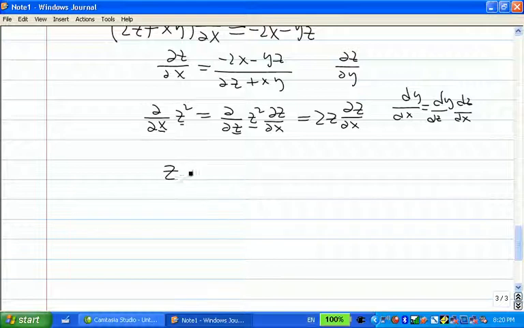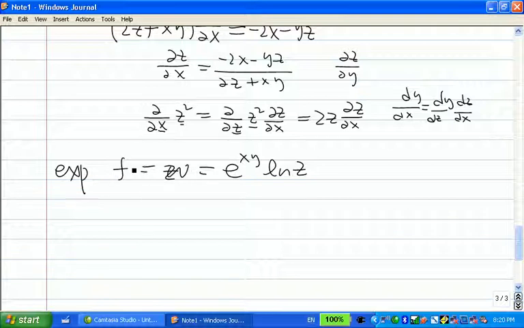Let's use this example again. Say w equals e to the xy, then ln z. Okay, remember, this is our f. Remember we find fx equal to what?